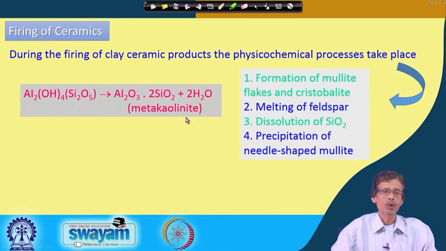So, the reaction, what we have seen, is that this kaolinite or the kaolin material is the disilicate one, which is having the building block of your Si2O5, and that Si2O5 during the firing process has been converted to the metakaolinite. So, the metakaolinite is basically an aluminosilicate structure with the removal of some amount of water molecules.